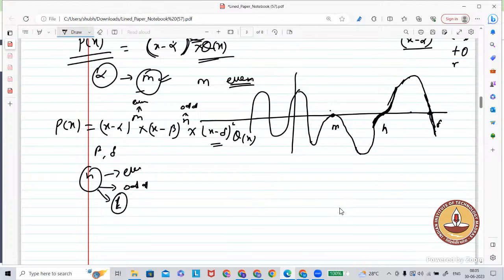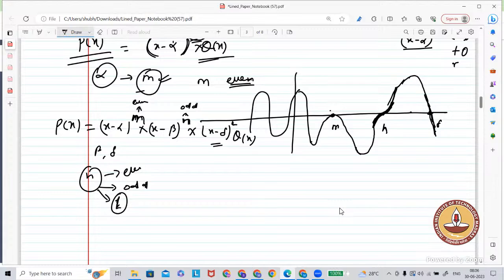When it is odd, it will pass through like this. And if it is even, then it will touch that point and come back to the same area.